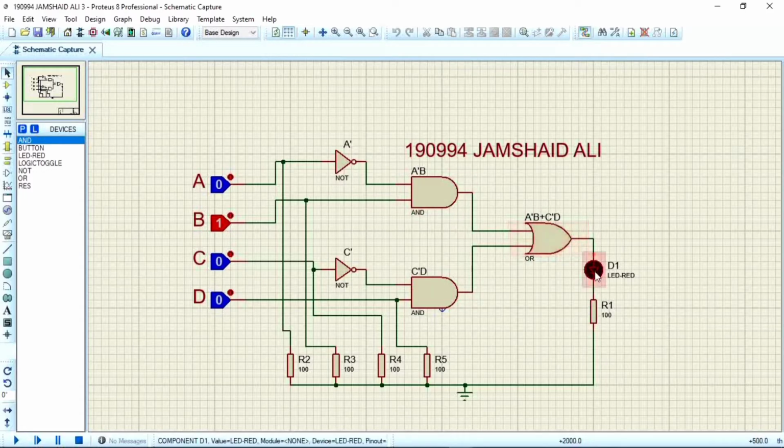If I am applying 1 on B and 1 on C and 0 on A and 0 on D, then the output will be 0, as our truth table shows.